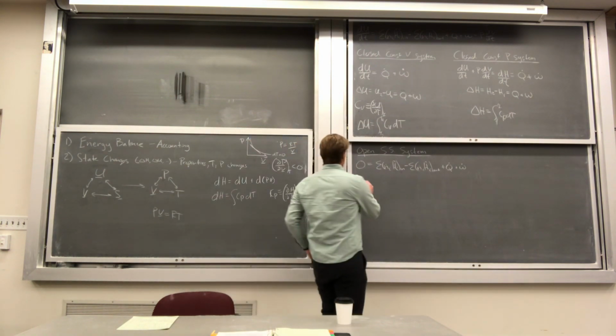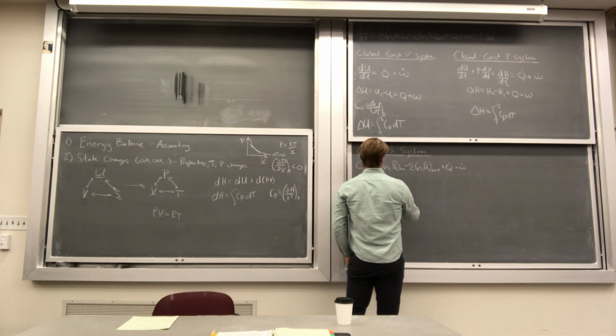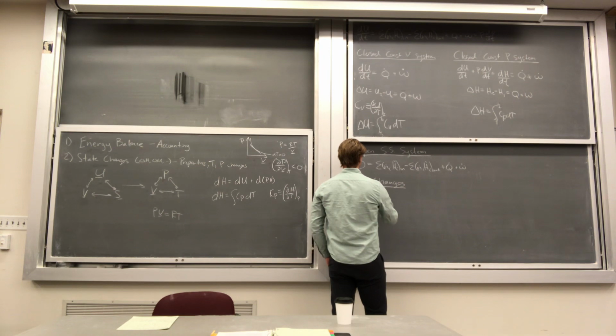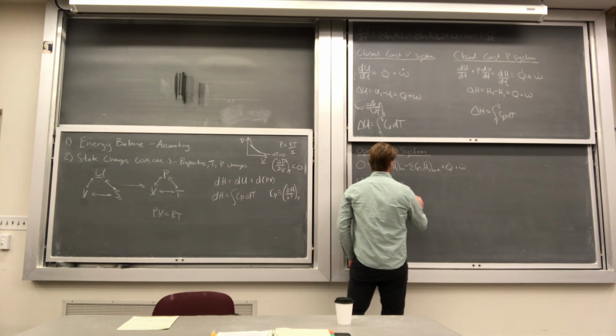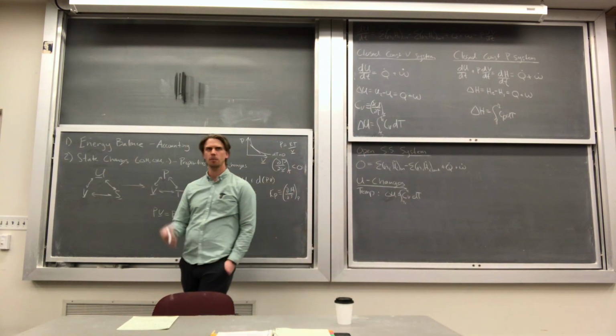So let's look at internal energy changes. So for temperature, delta U is the integral of C sub V dT from T1 to T2. So I'm hopefully going to try and organize all of the assumptions in one place.